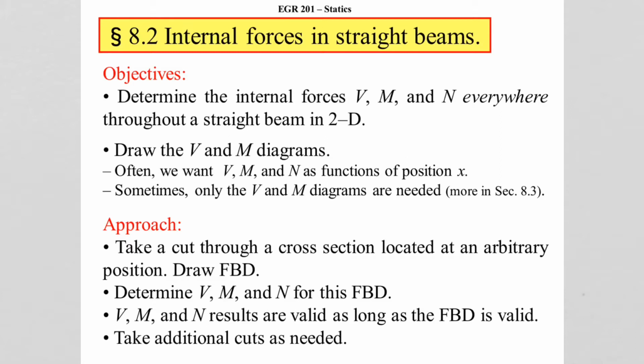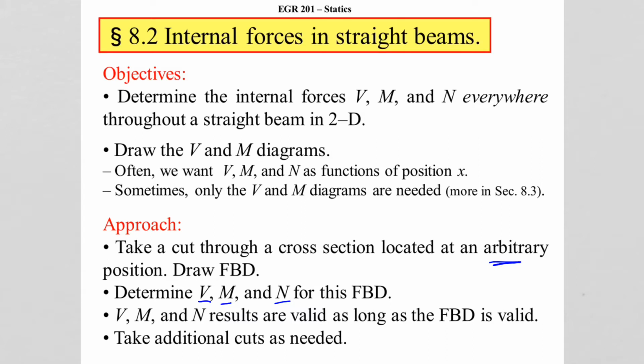At some arbitrary location, we draw the free-body diagram, and we determine again our shear, moment, and normal forces for that free-body diagram. And they're always valid, essentially, as long as our free-body diagram is valid, and we continue to take additional cuts. Now, while this says arbitrary, there are specific areas that we're looking at.